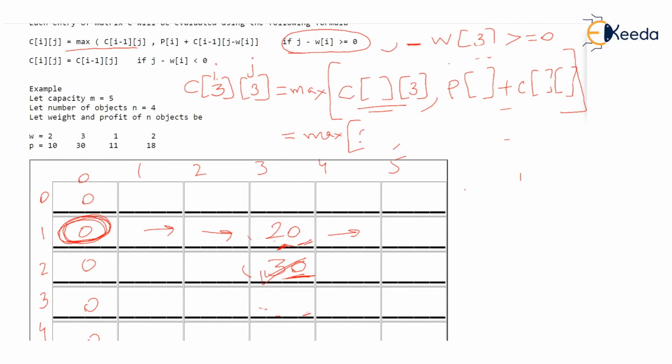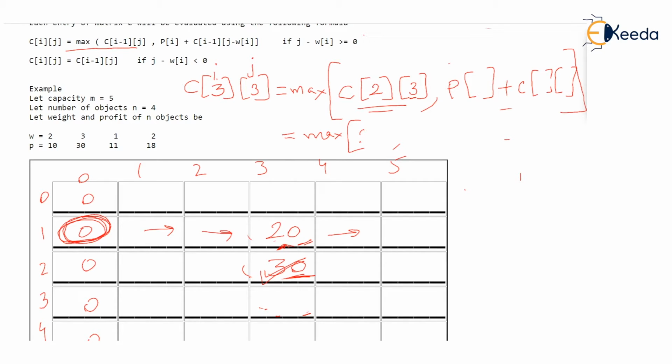So let's solve C33. We want to find C33 using the first formula because J minus Wi is greater than or equal to 0. The formula says Cij, that is C33, should be equal to max of Ci minus 1 j. Now i minus 1 is going to be 2. So C2,3, comma, Pi.